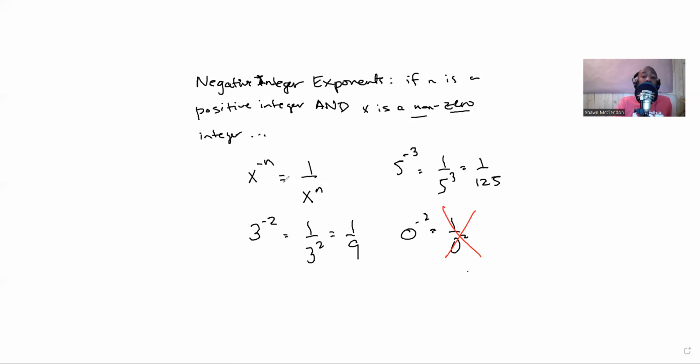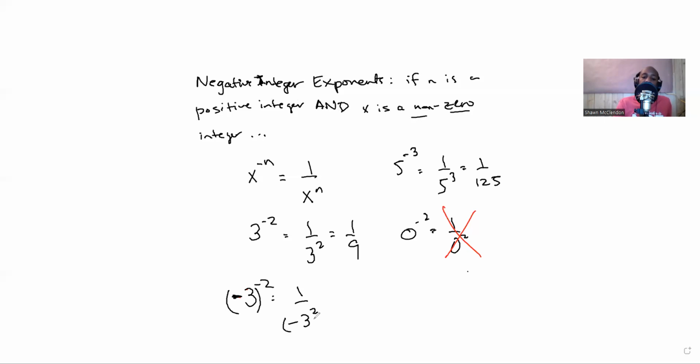Now it can be a negative integer. So say for example you wanted to do this. And don't let all the negatives fool you or slip you up. Let's say that you had -3 to the -2 power. All that is the same thing as 1 over -3 squared. All you've done is this stays the same because this whole thing is to the -2 power.